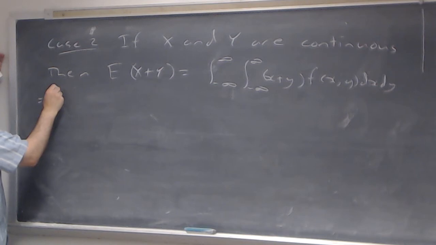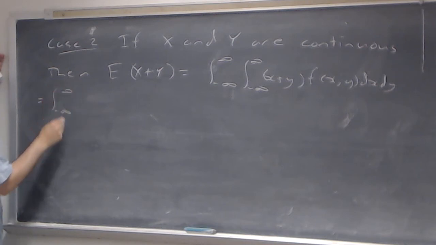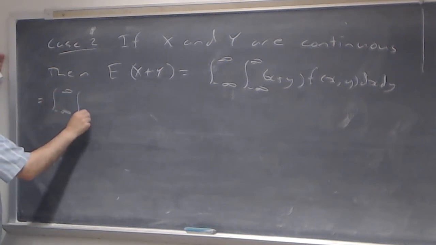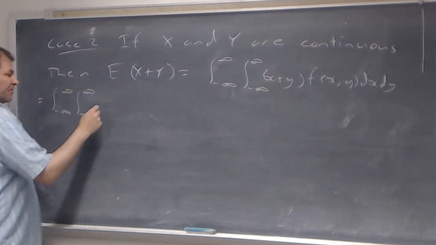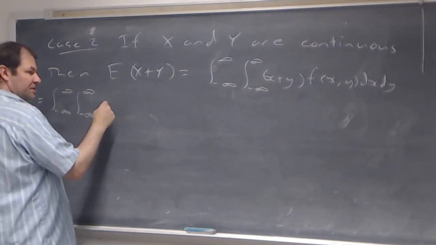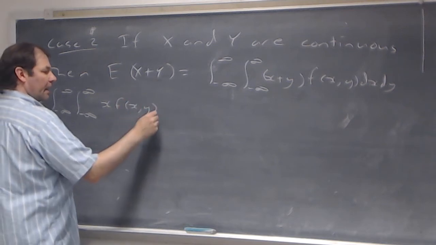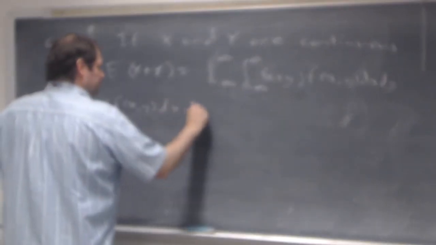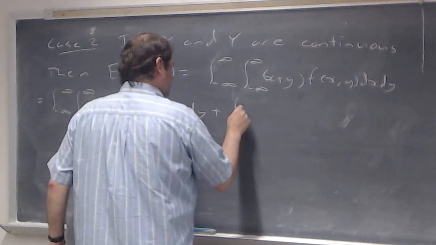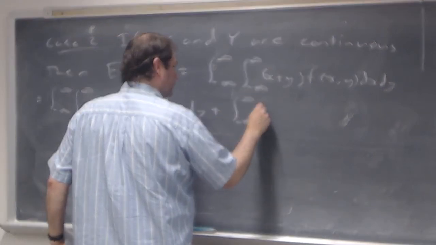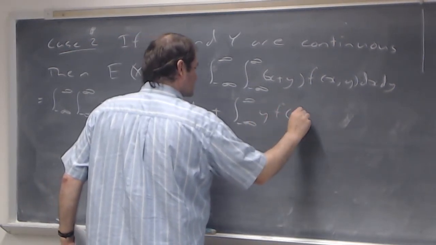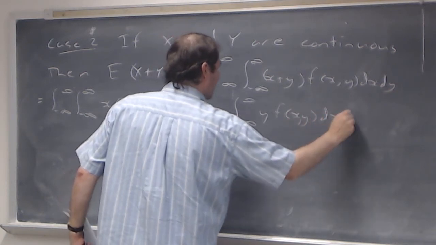And it's the same proof, same procedures as what we did before. It's the double integral of x, f of x comma y, dx dy, so we'll skip a step, plus the double integral of y, f of x comma y, dx dy.